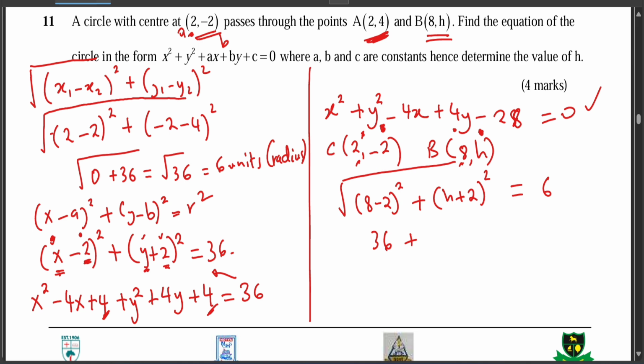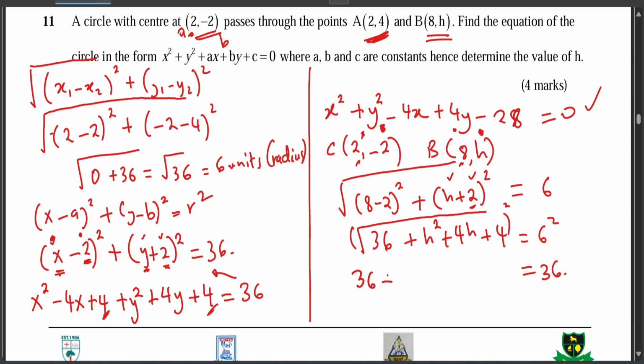Na hile h plus 2 tumesema you square the first one, itakupa h squared, you take h times 2, itakupa 2h times 2 tena, itakupa 4h, na utachukua square ya 2, which is 4. Okay, and then the square root thingy, so equal to 6. Let's remove the square root by squaring it. So hapa on the right side you squared it, itakuwa ni 36, na ile on your left side itakuwa 36 plus h squared plus 4h plus 4.